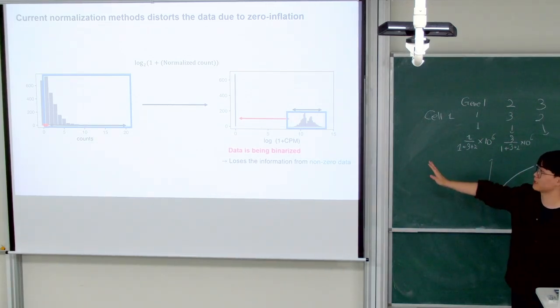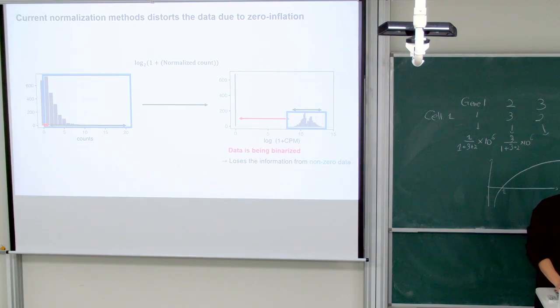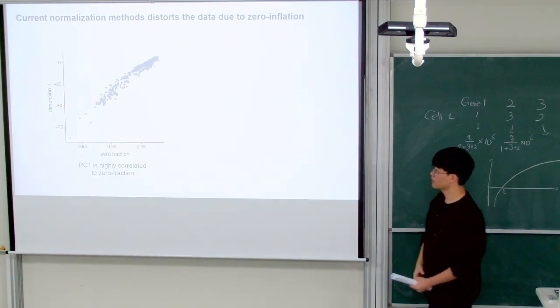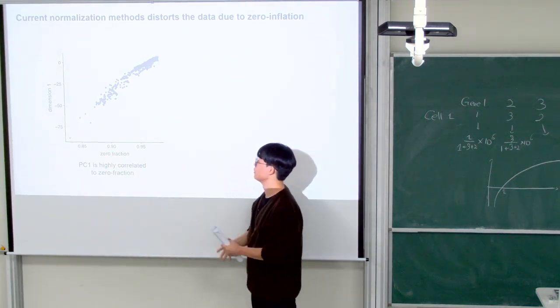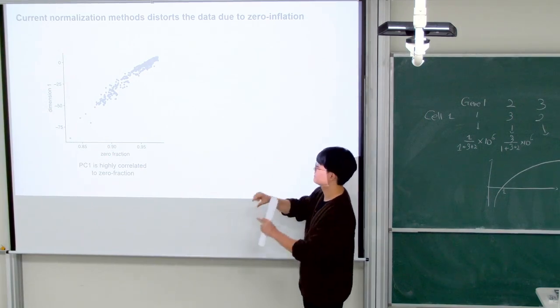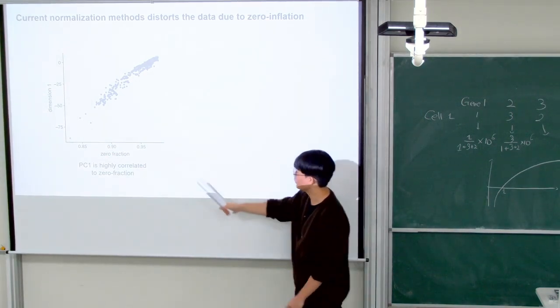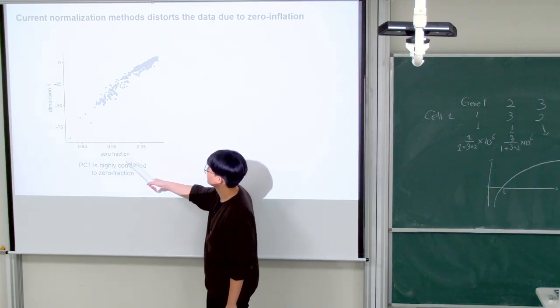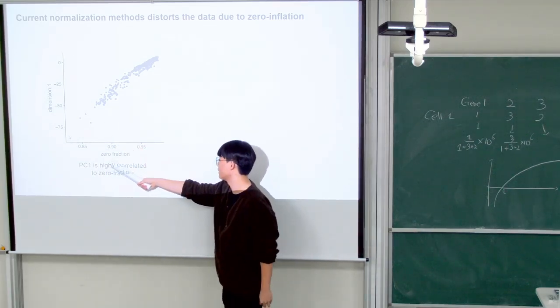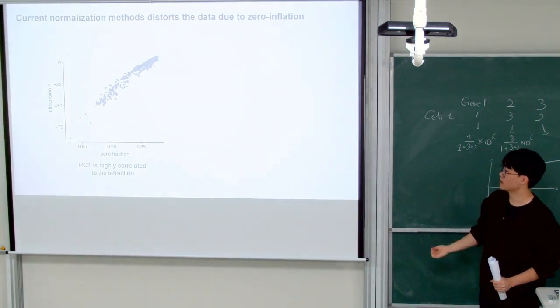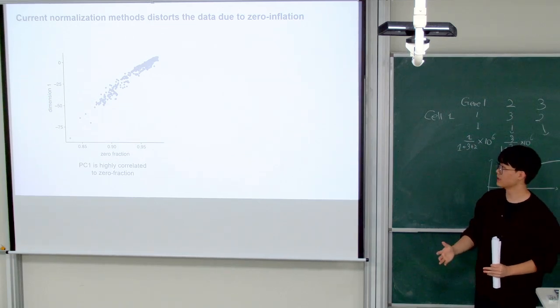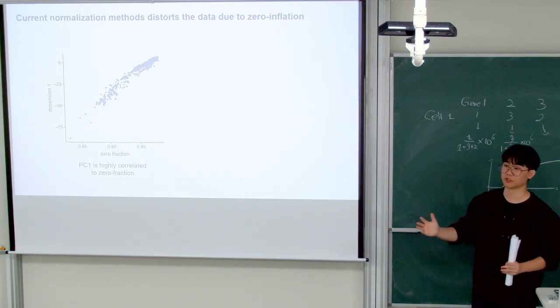So when we apply PCA based on this normalization, this y-axis represents dimension 1, which is the most relevant dimension. And as we can see, dimension 1 is highly correlated to the zero fraction, meaning that the fraction of 0 is the most meaningful among the data.